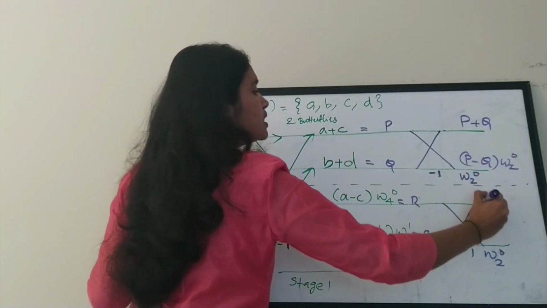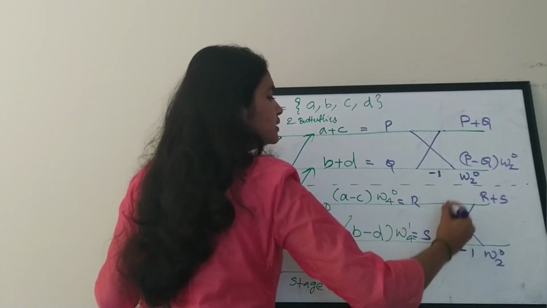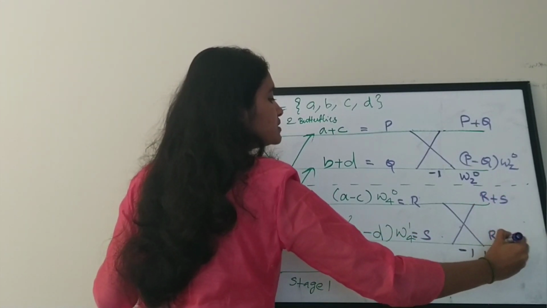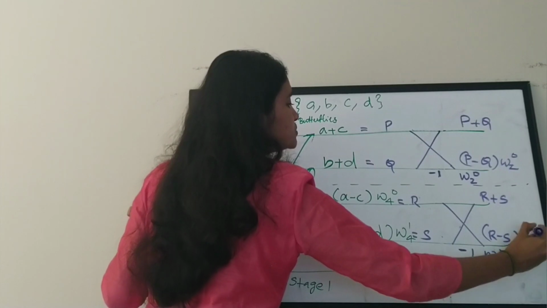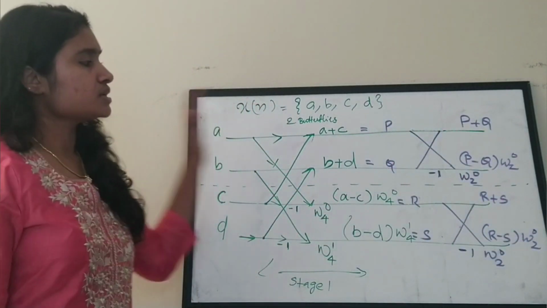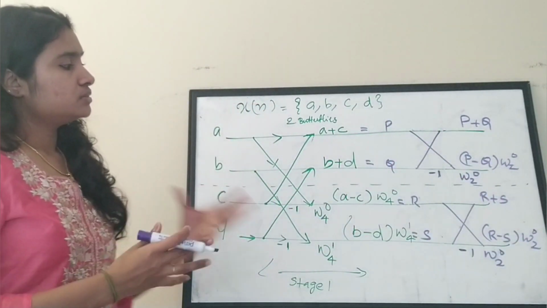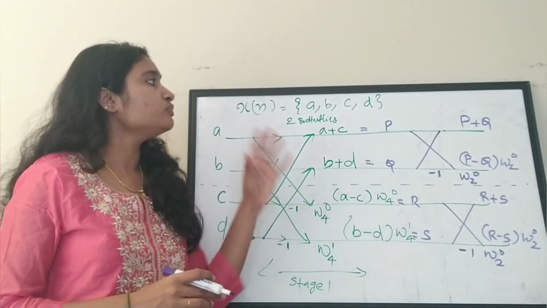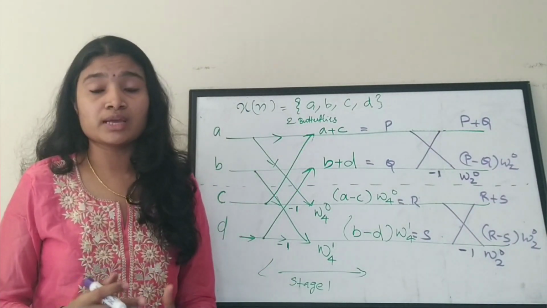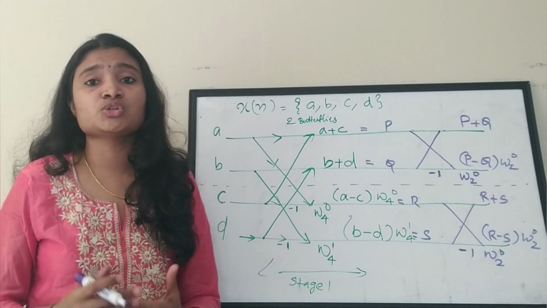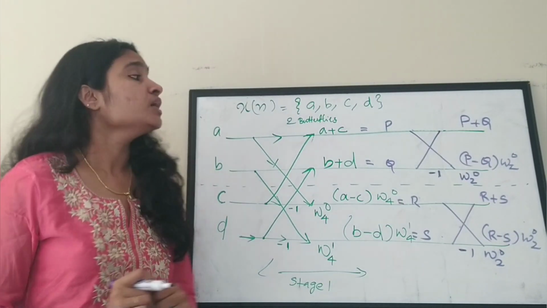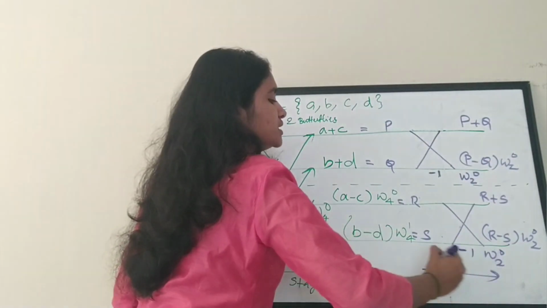And here it is R plus S, and for the lower one it is R minus S into W2 raised to 0. Okay, so this is how the butterfly diagram of a 4-length input sequence will look while you are calculating the decimation in frequency FFT. So this is your stage 2.